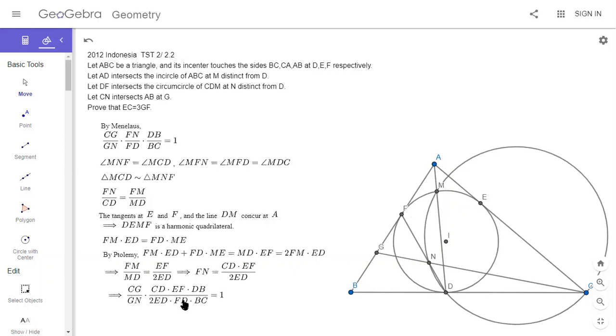EF, ED, and FD versus CD, DB, and BC. Yeah, I'm pretty sure this can be turned into trigonometry. I just don't know if I want to do it.